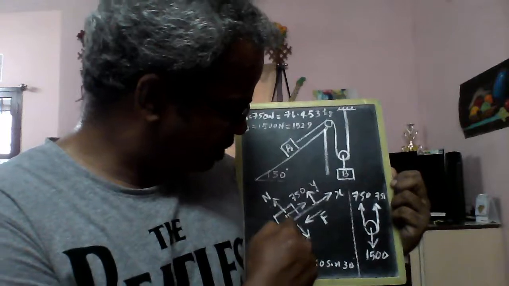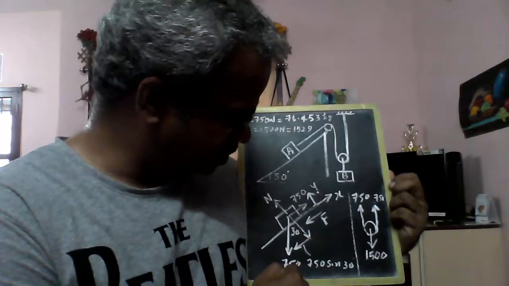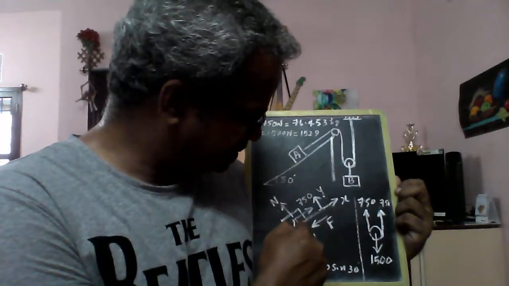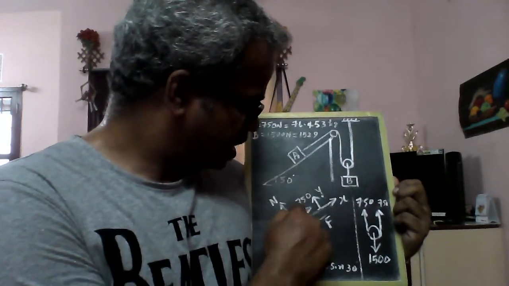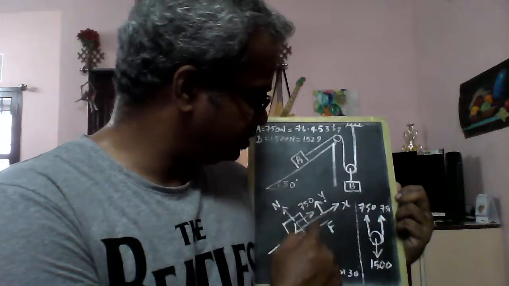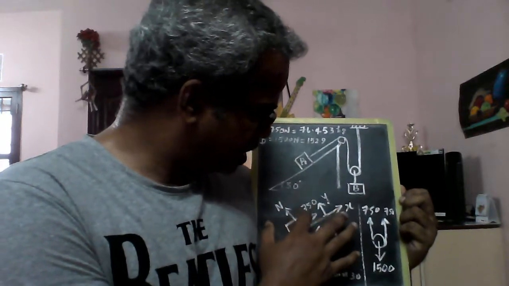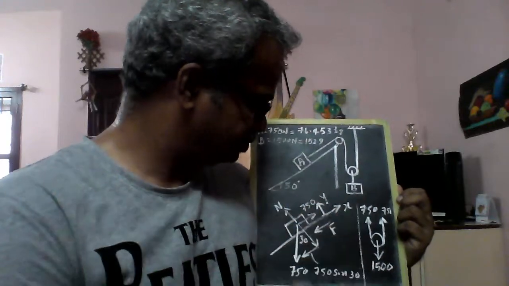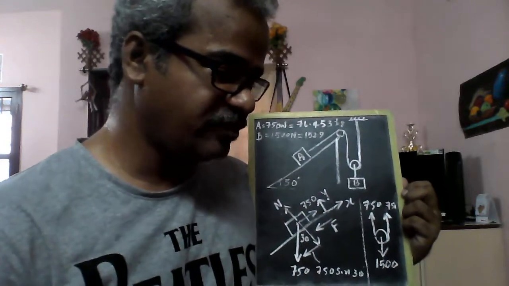So body A has a weight of 750 Newton, and it is at 30-degree inclination, and the tension in this string will be 750 Newton. How is this tension 750 Newton?